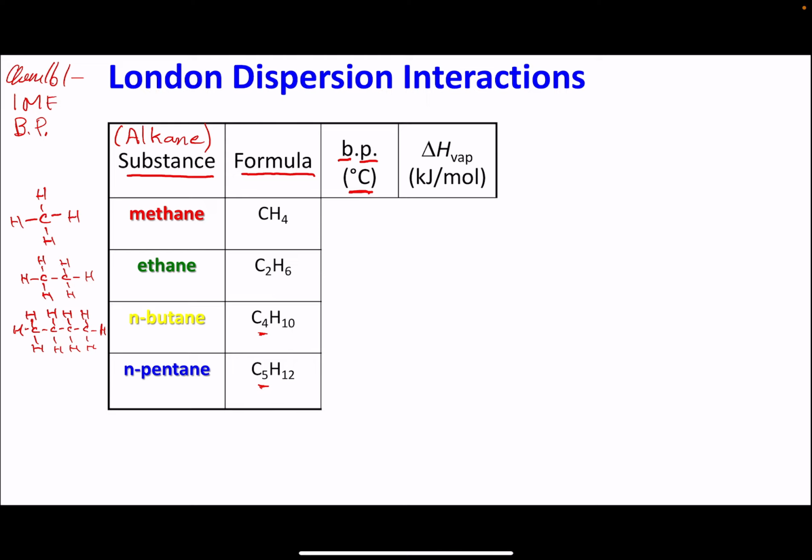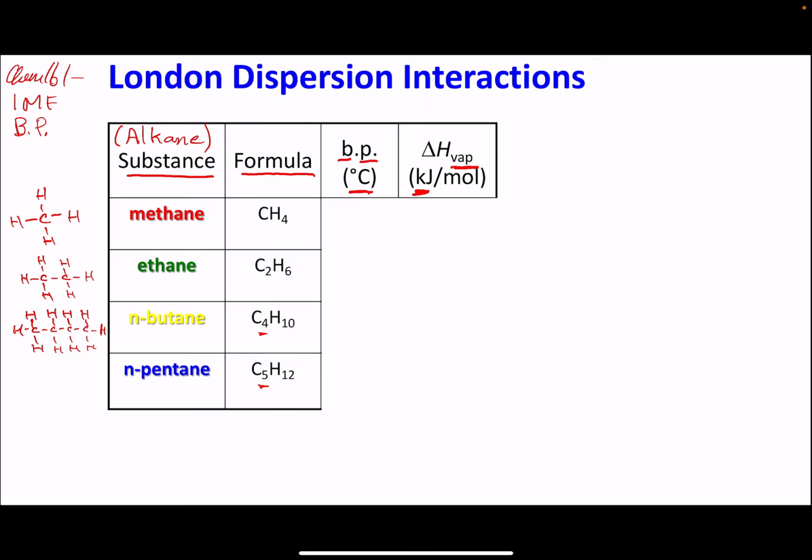Okay. The next column is the enthalpy of vaporization. We've seen enthalpy before. That typically refers to energy. So here are energy units, kilojoules, and this is per mole. So this is the energy it takes to vaporize 1 mole of the compound.